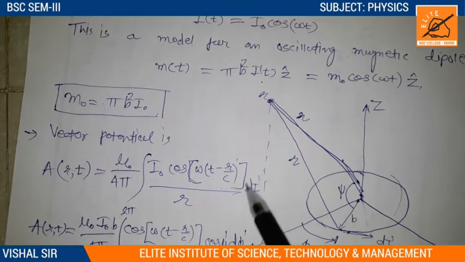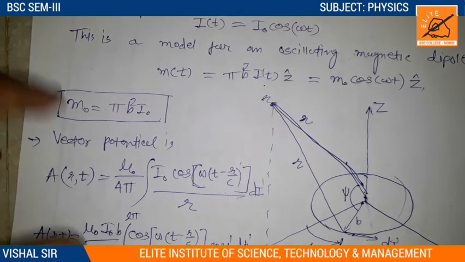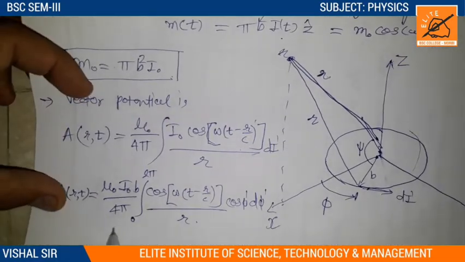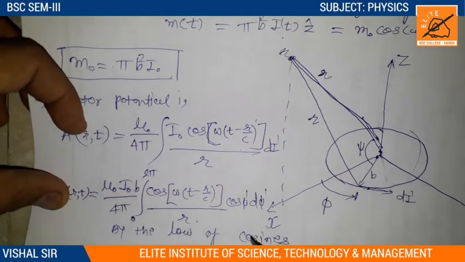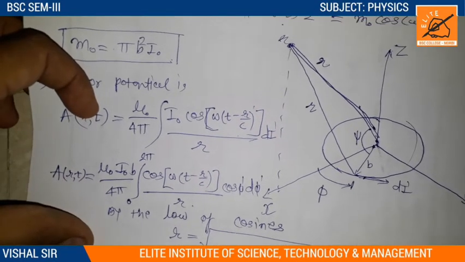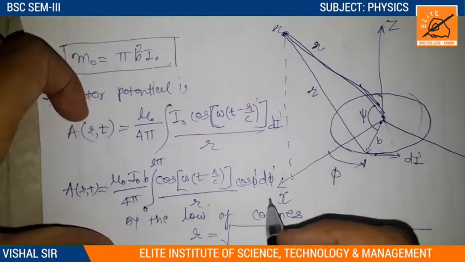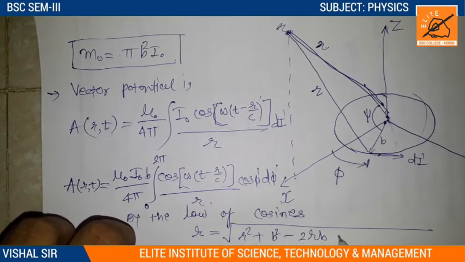So the y component of dI dash will be cos phi dash, and by the law of cosines, we can write r is equal to under root r square plus b square minus 2rb cos psi.